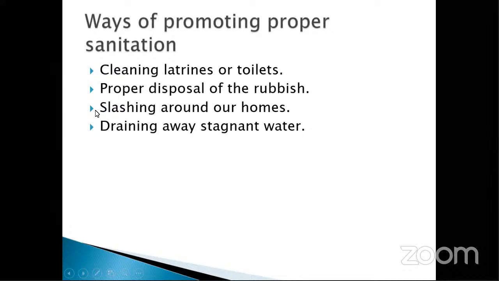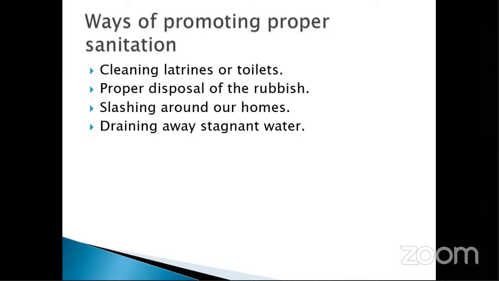Draining away stagnant water. Good. You find that maybe at home there is a place where water always collects after it has rained. When water collects there, don't leave that water to stay there.